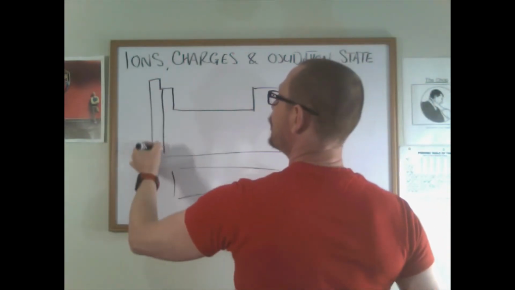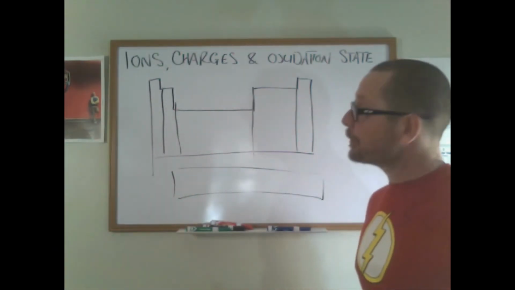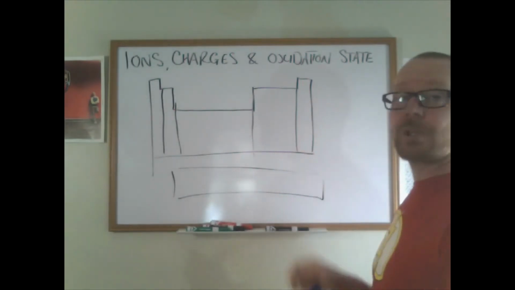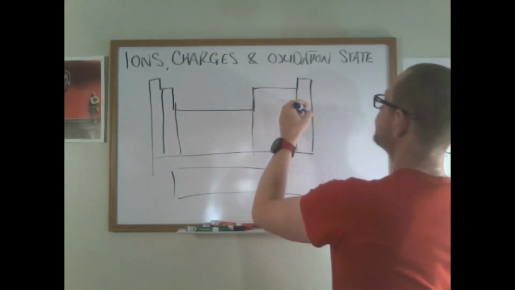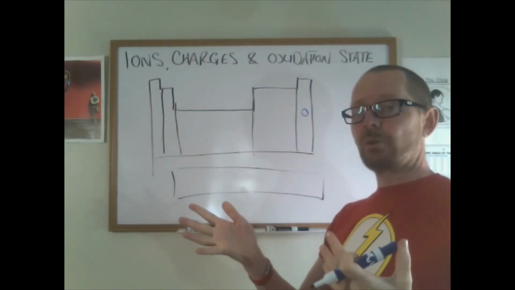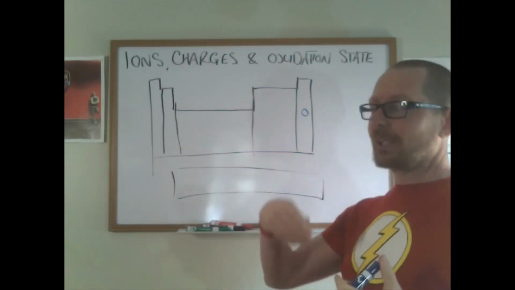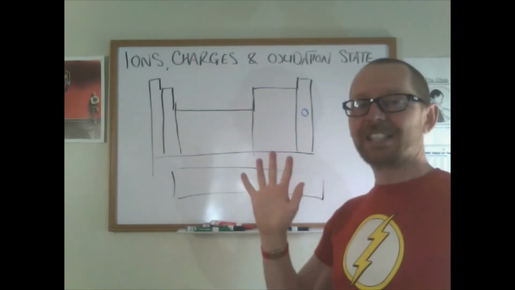So I've got group 1, group 2, etc. These guys at the very end, we call them the noble gases. Their preferred oxidation state is 0. That means they don't like to change their electrons in any way, shape or form. They don't like to give, they don't like to receive, they're on their own, that's it.